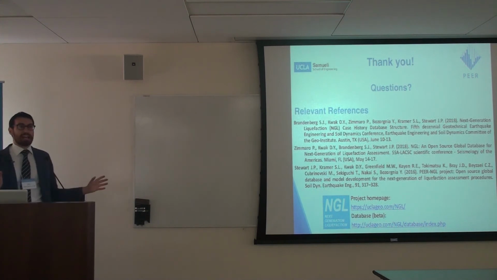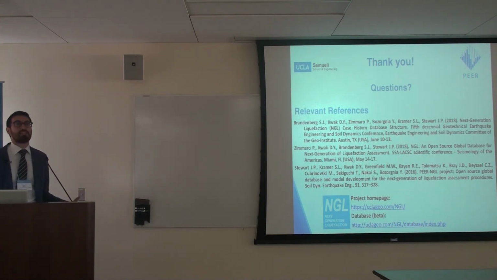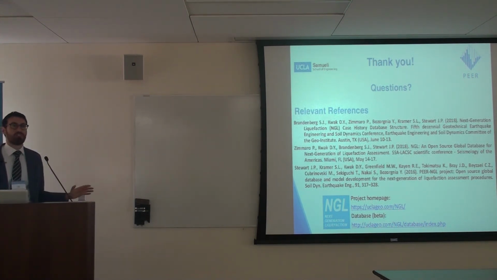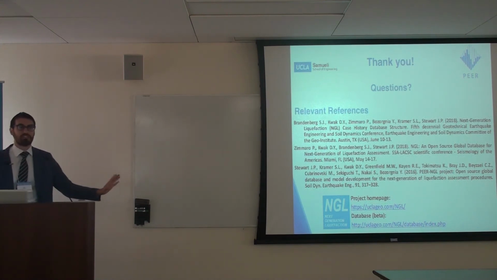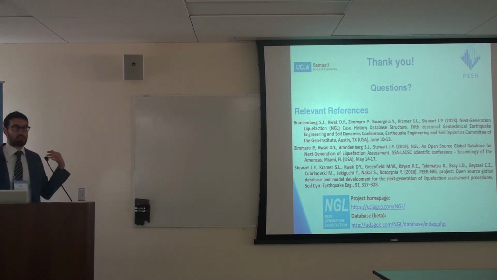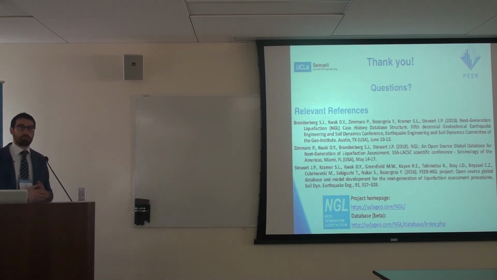So the database is hosting objective data. There's no subjectivity whatsoever as part of the database itself. What you're talking about is part of the model development, so each modeler will be able to perform his own interpretation. The critical layer is not going to be part of the database. We're going to have SPT profiles, and that's objective data; there's no interpretation on that.